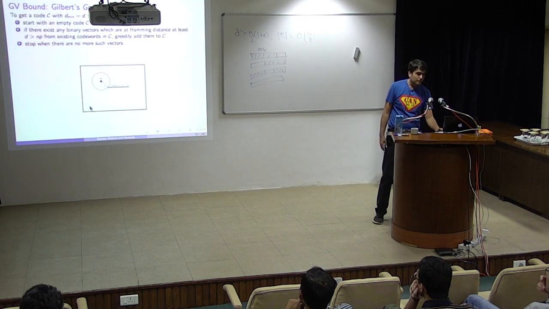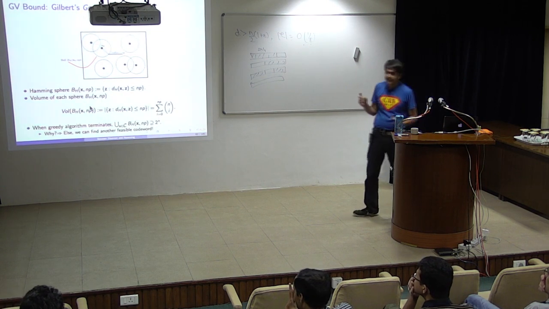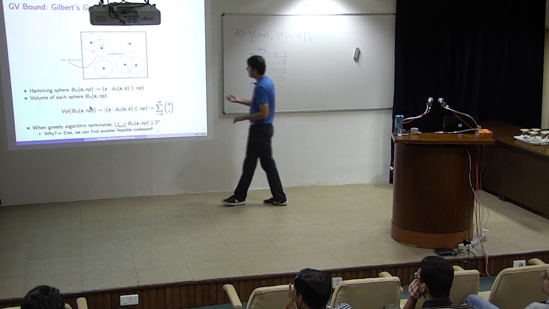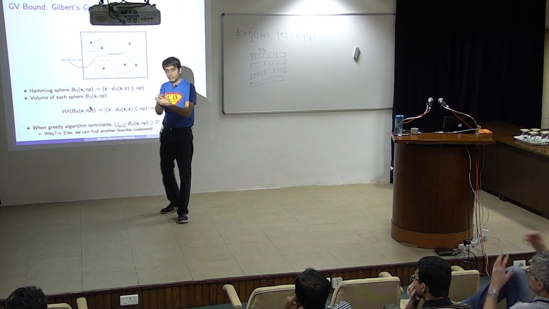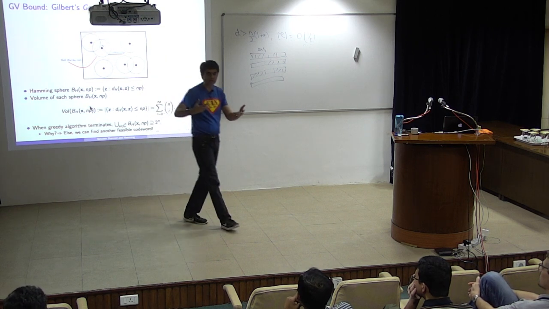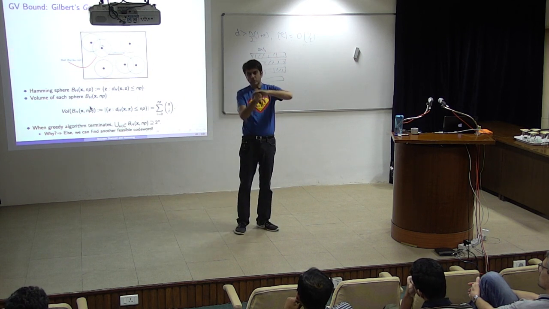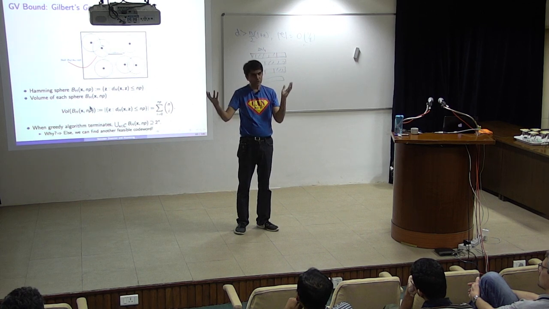And it's basically the same argument as before, except now the balls are of radius np, instead of np over 2, because now you want to throw away all sequences at distance np, so as to ensure that you're not going to have an overlap. And now you're going to overcount. Even though you've already thrown away some sequences, the next time you may be throwing away sequences you've already thrown away before, but you're just going to overcount.